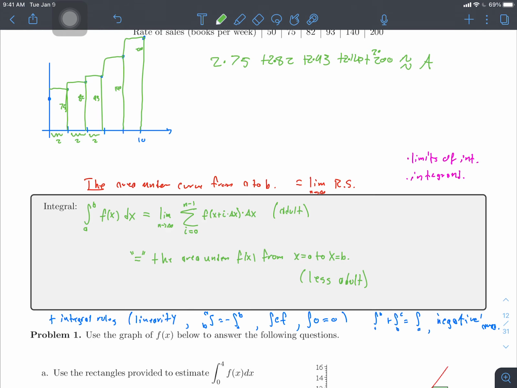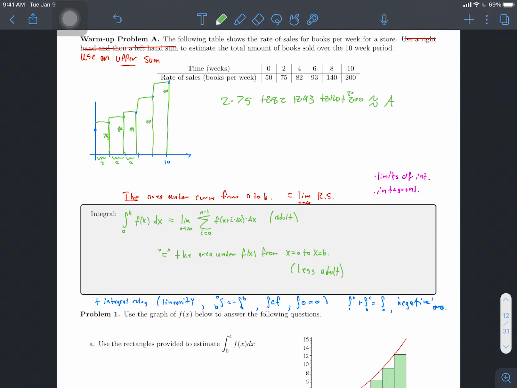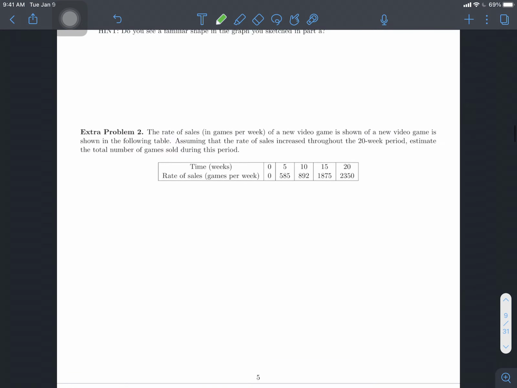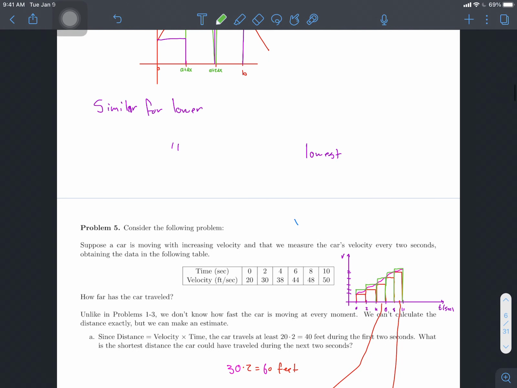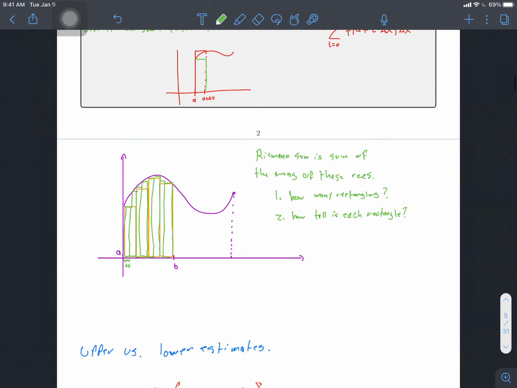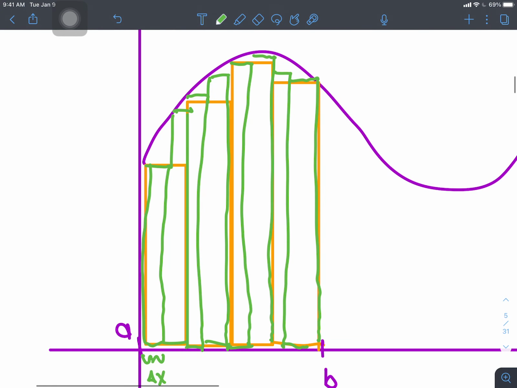So what it looks like in the end is basically this process. We start with big rectangles like these orange ones, and then we make the number of rectangles much larger.